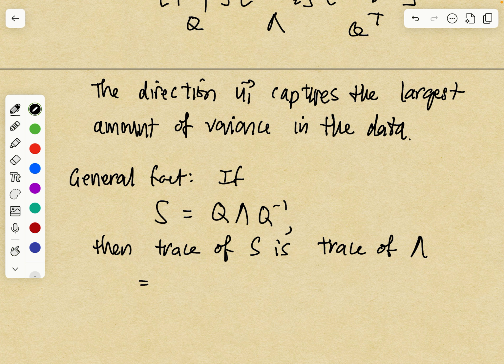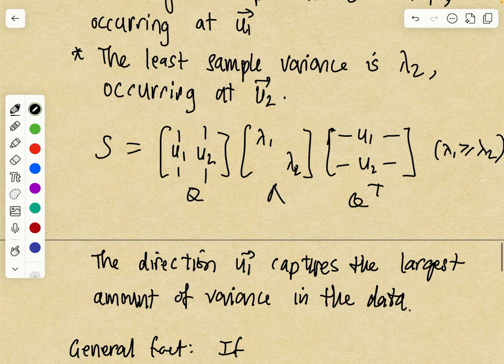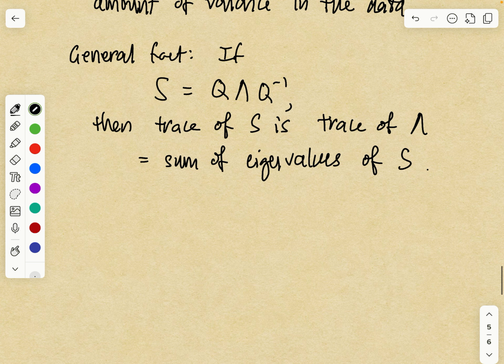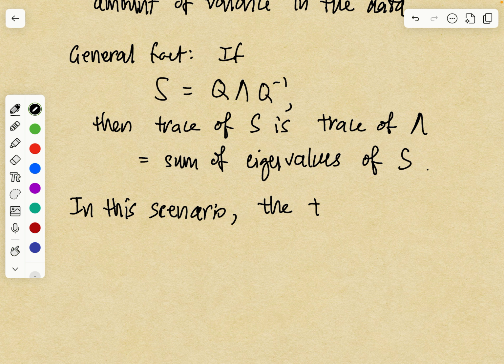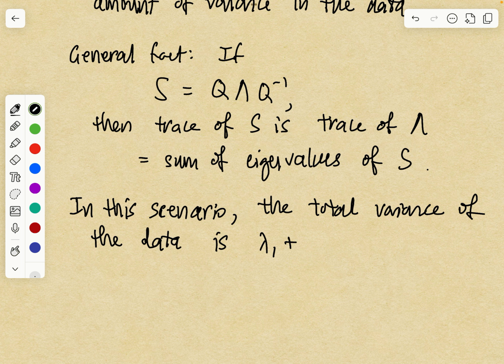The trace of lambda is just the sum of the eigenvalues of the matrix S. So that means in this scenario, the total variance in the data is the sum of the diagonal entries, which is the sum of the eigenvalues.